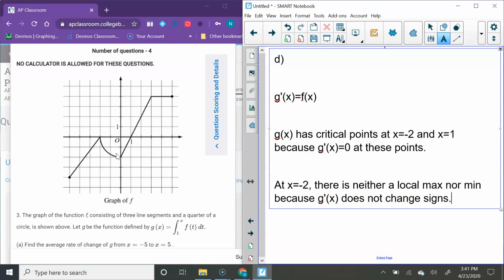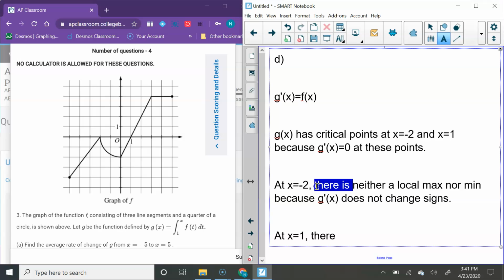And then at x equals 1, I really should say, g of x has neither at -2, because we want to be specific about what graph we're talking about. And we're talking about the graph of g of x.